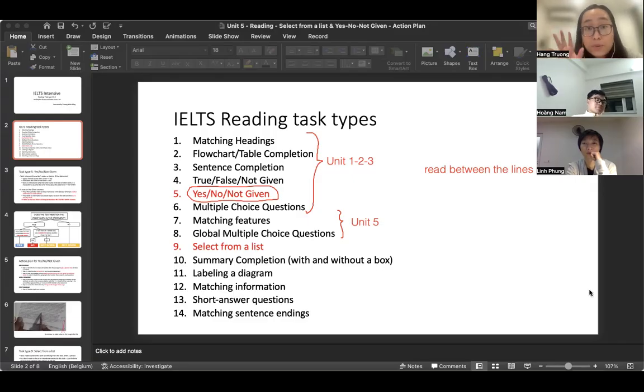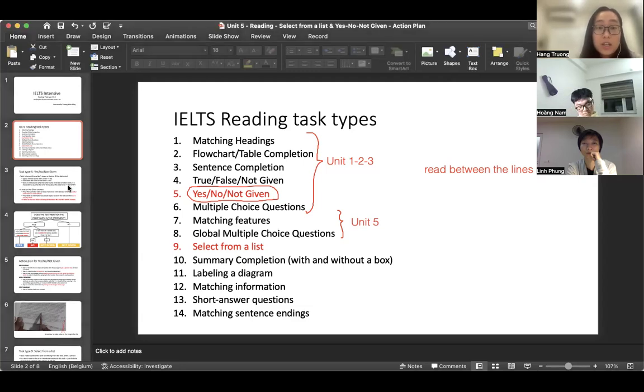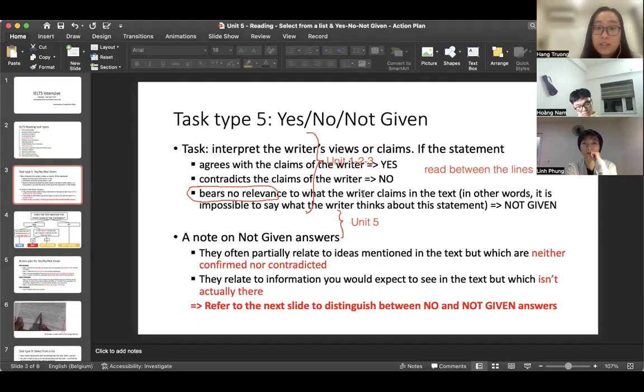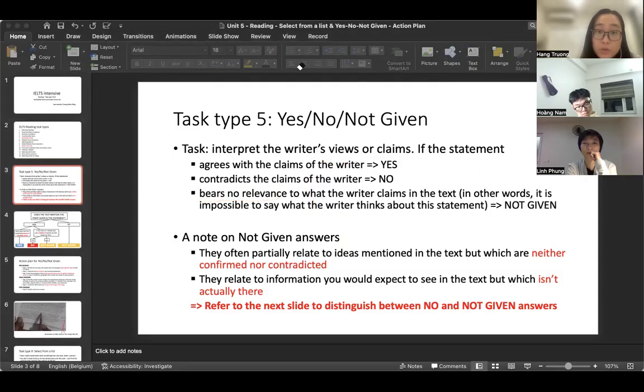But when it comes to actually doing the task type, it's not too much different from what we covered last week, which is true, false, not given, right? So the only difference here is that we don't work with facts anymore. We work with the claims or the views of the writer. So again, if the statement agrees with what the writer claims in the text, then we view it as a yes statement, right?